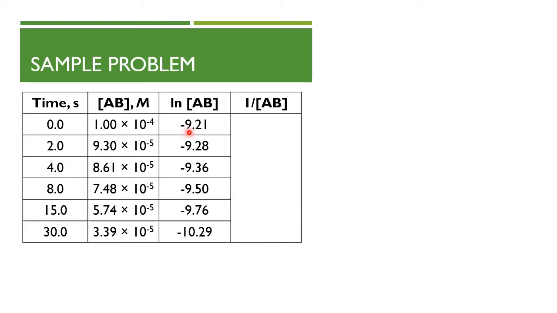Using our calculator, we find that ln of the concentration of AB at time 0 is negative 9.21, and filling in the rest of our table, we now have the following.